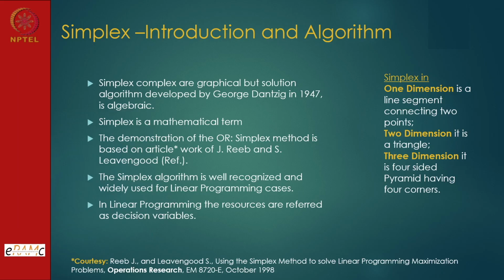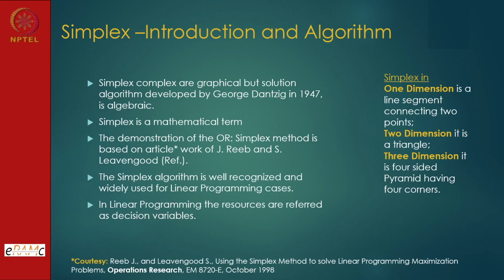In linear programming, the resources are referred to as decision variables. Okay. And this I have picked up from a book called Rip J. and Levin Good, using the Simplex method. It is a note actually, it is not a book, to solve the linear programming maximization problem, operation research, and the report number is given.